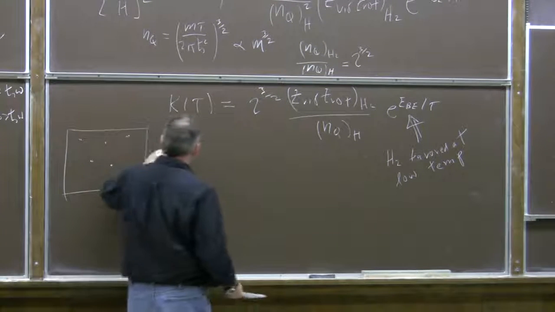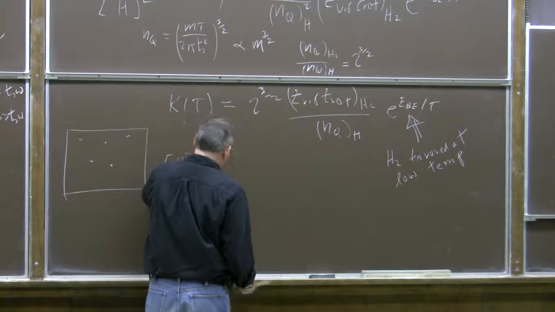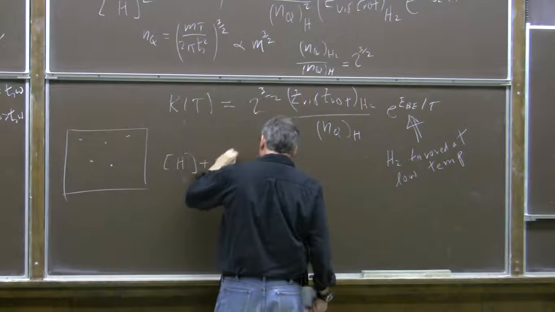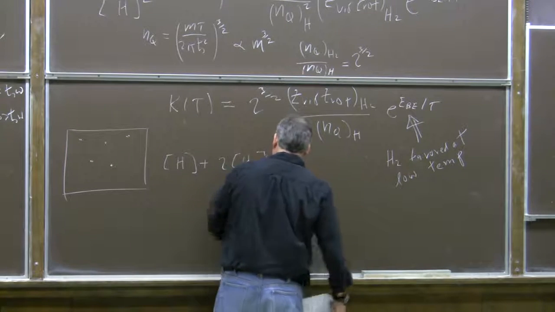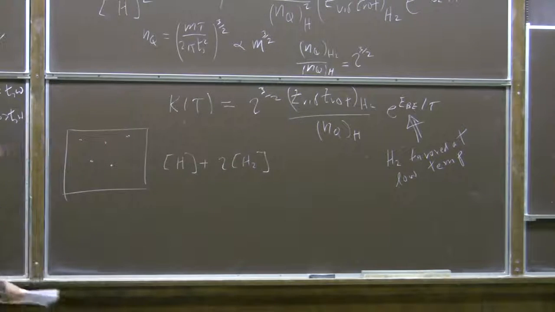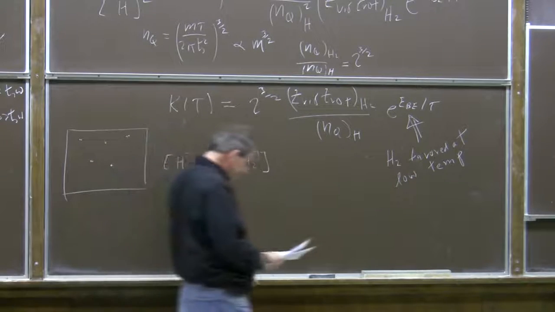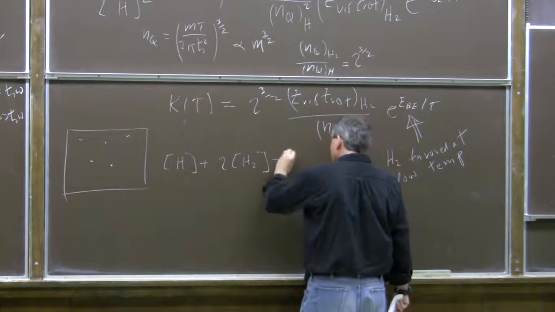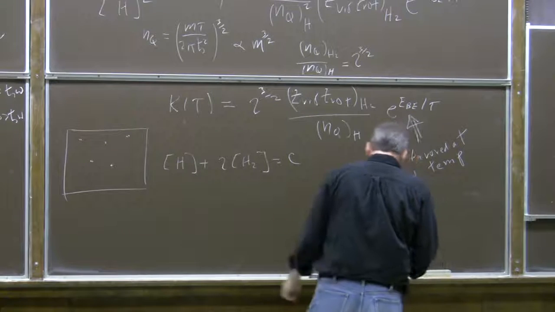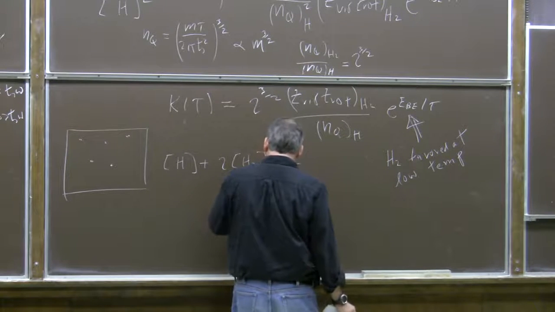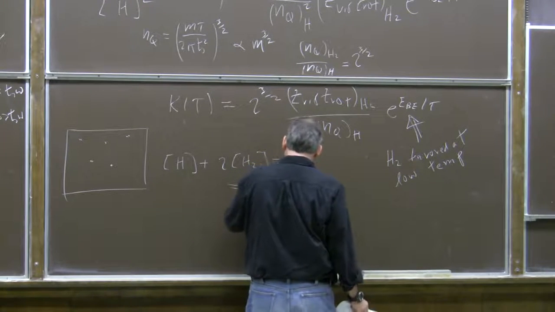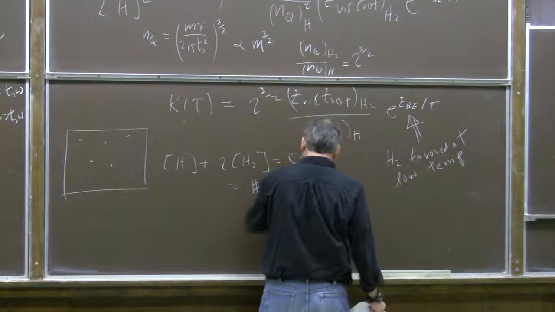So the concentration of hydrogen atoms plus 2 times the concentration of hydrogen molecules, because there are 2 protons in the hydrogen molecule, is equal to some specified constant. That's the concentration of protons, or number of protons, per unit volume.